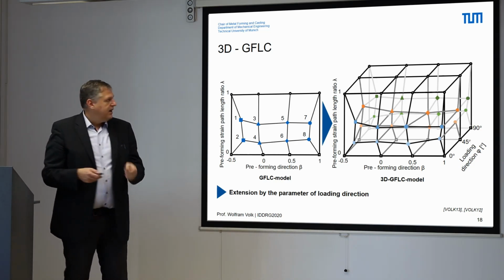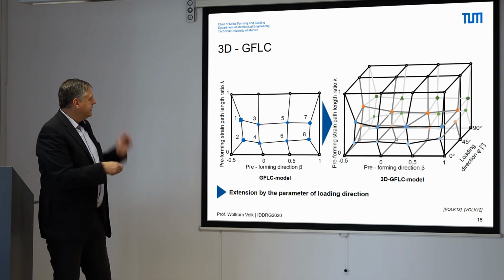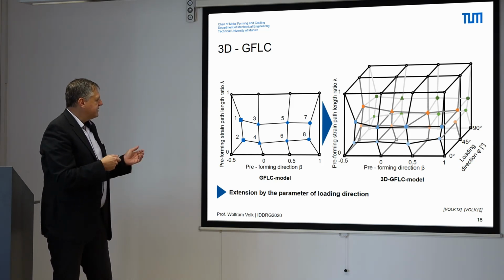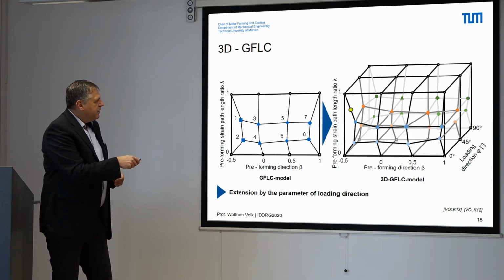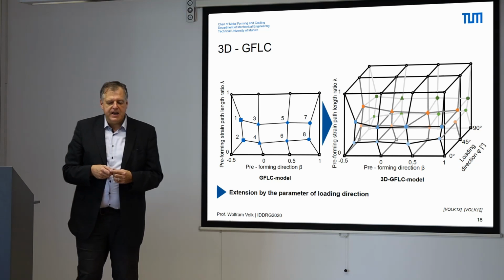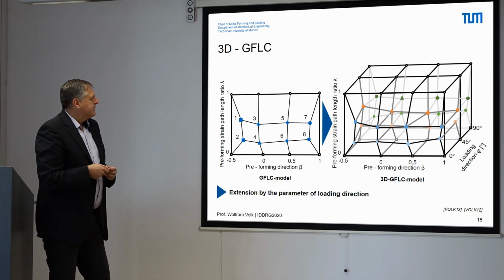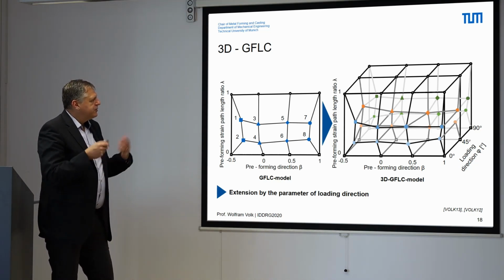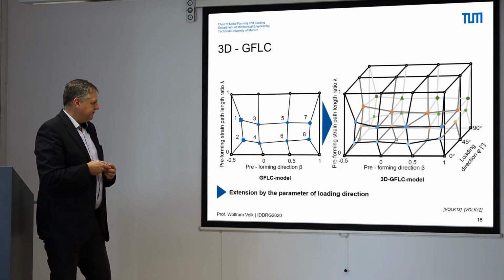The 2D axes are pre-strain and post-strain, as the first step and second step. And now the third dimension is the preforming loading direction with respect to rolling direction, and then on the Z-axis, the strain path length ratio, which means the remaining formability.